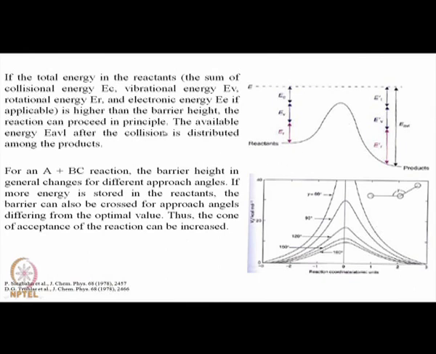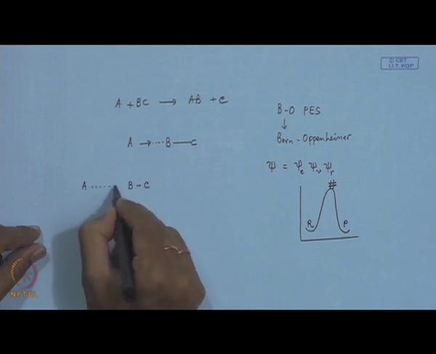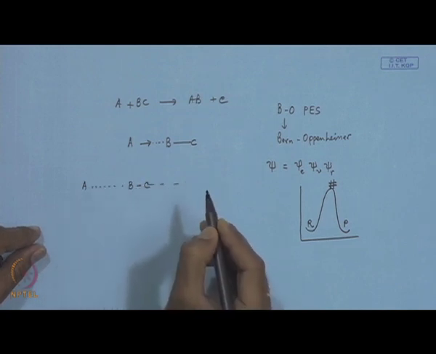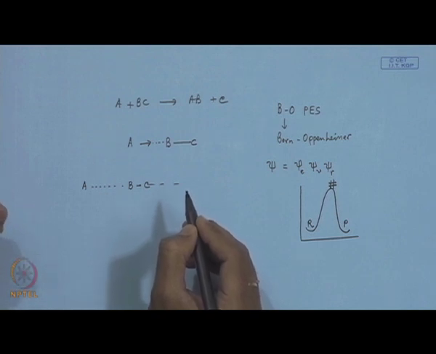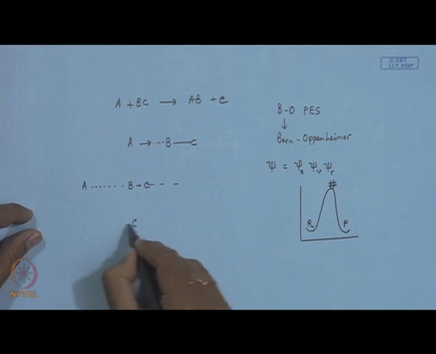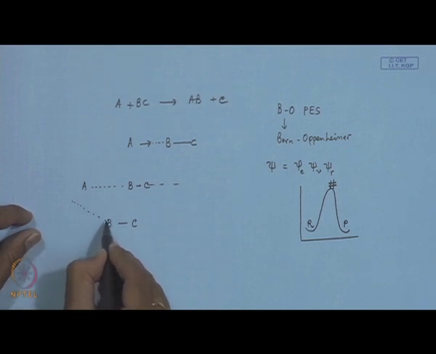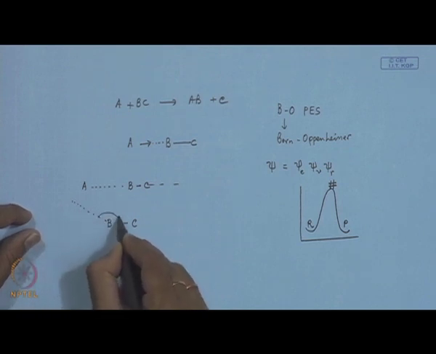Okay. Now, again think of this line of approach. Say this is A, this is B, C, you join them with a line, and then draw another diagram where B, C is there, but A is approaching at some angle. Okay. So, maybe that angle is gamma.